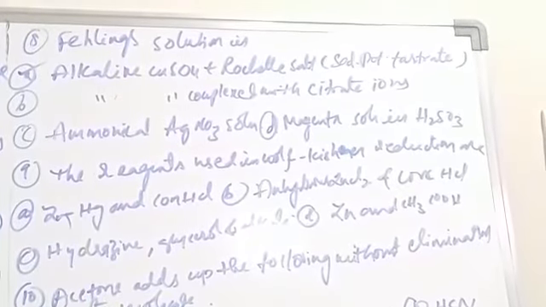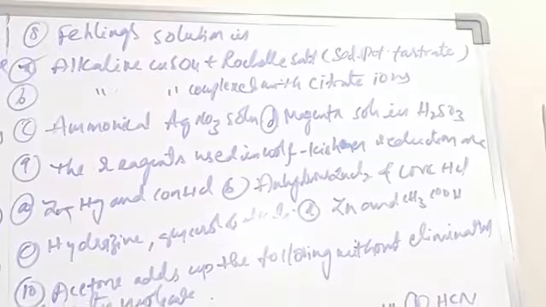Next, Fehling's solution. Just now I told you what Fehling's solution is. Alkaline copper sulfate solution mixed with Rochelle salt. What is Rochelle salt? Sodium potassium tartrate. So option A is correct. Next, the reagents used in Wolff-Kishner reduction. So reduction of aldehydes and ketones into alkanes. Two named reactions are there. One is Clemmensen reduction and another one is Wolff-Kishner reduction.